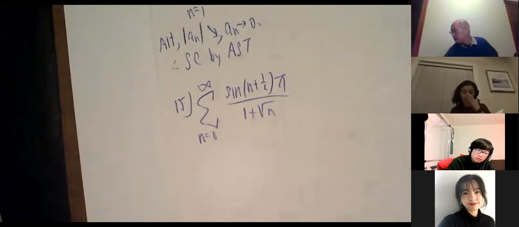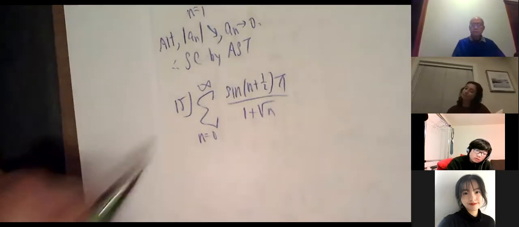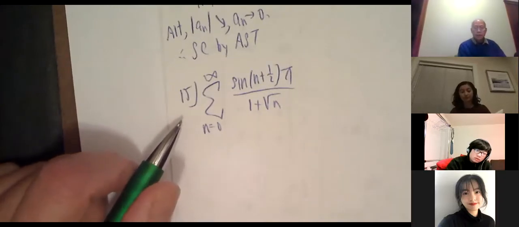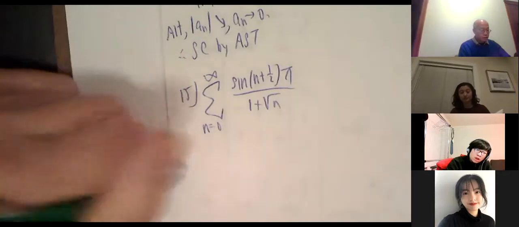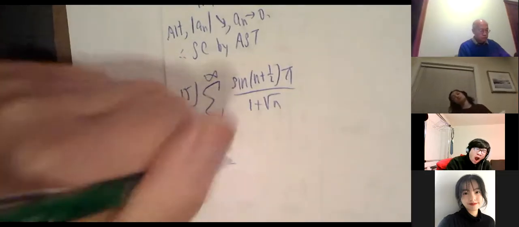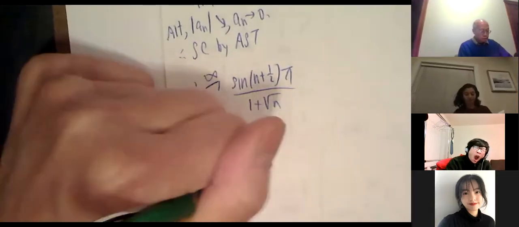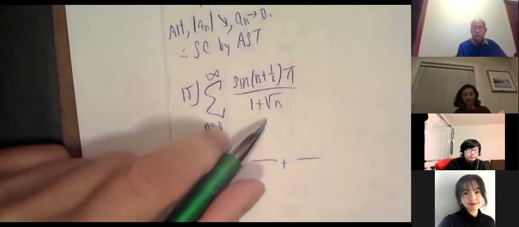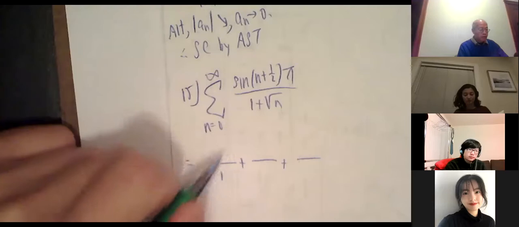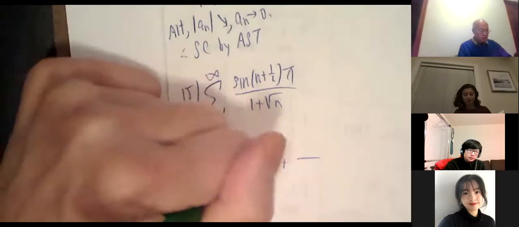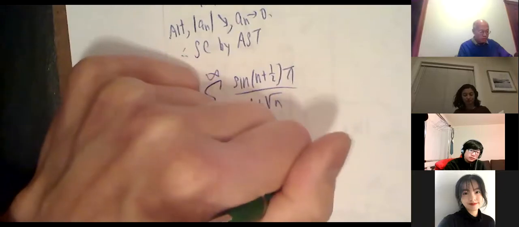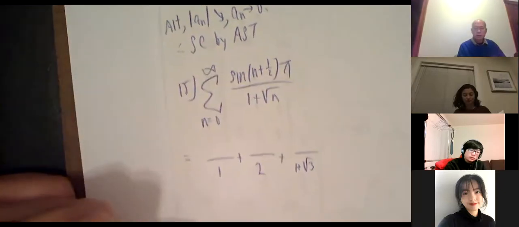It's kind of tricky. Let's see what happens when I plug stuff in. Let me do the denominator. If I plug in 0, I have 1. If I plug in 1, I have 2. If I plug in 3, I have 1 plus radical 3, and so on.